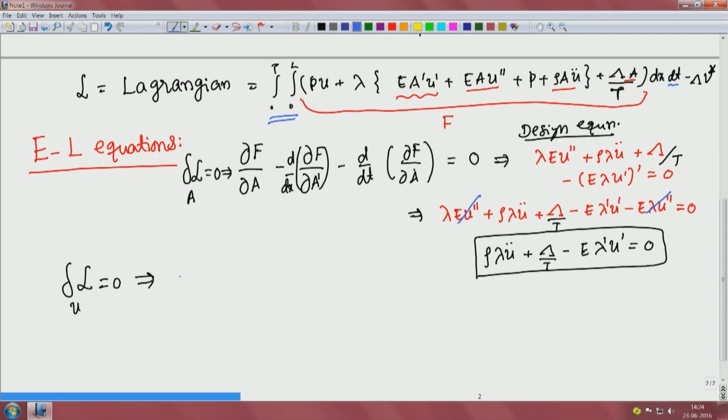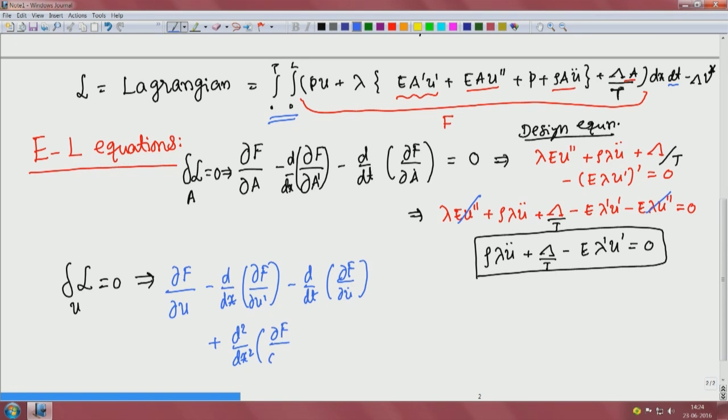So, we have to write this as dou f by dou u minus d by dx of dou f by dou u prime minus d by dt of dou f by dou u dot, which we do not have, plus d square by dx square of dou f by dou u double prime plus d square by dt square, not dx square, of dou f by dou u double dot equal to 0. Okay. Let us work it out.